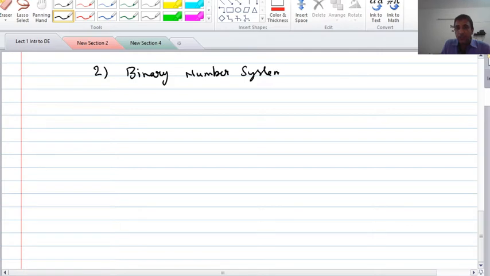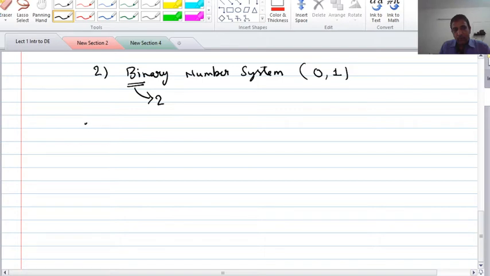Now in case of binary number system, this bin represents 2. We can use only 0 and 1 to represent any number. So take an example.